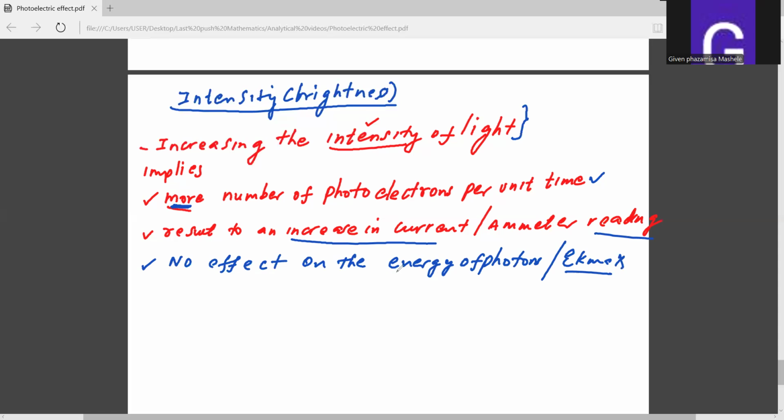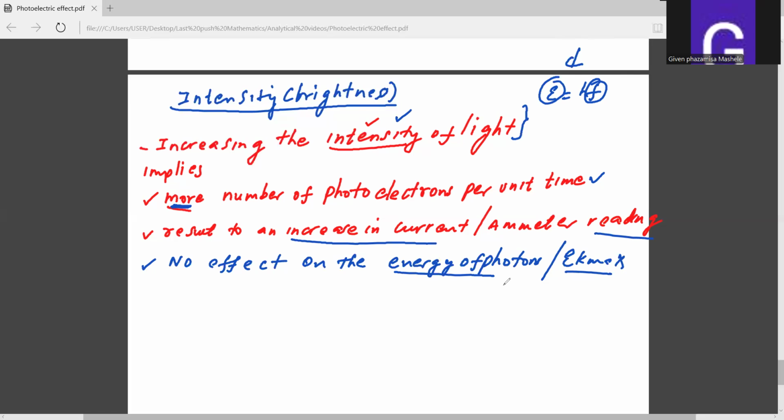Remember, EK maximum is affected by the frequency of light and the energy of the photon. So if we are just increasing the intensity without changing the frequency of light, since we know that E equals hf, if the frequency is not changed, the energy of the photon will not be changed. And if you're not changing the energy of the photon, even kinetic maximum will not be affected.